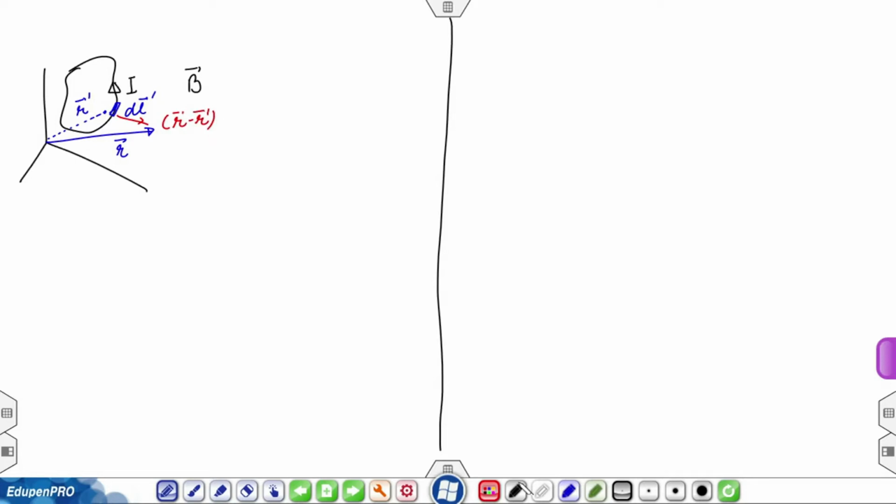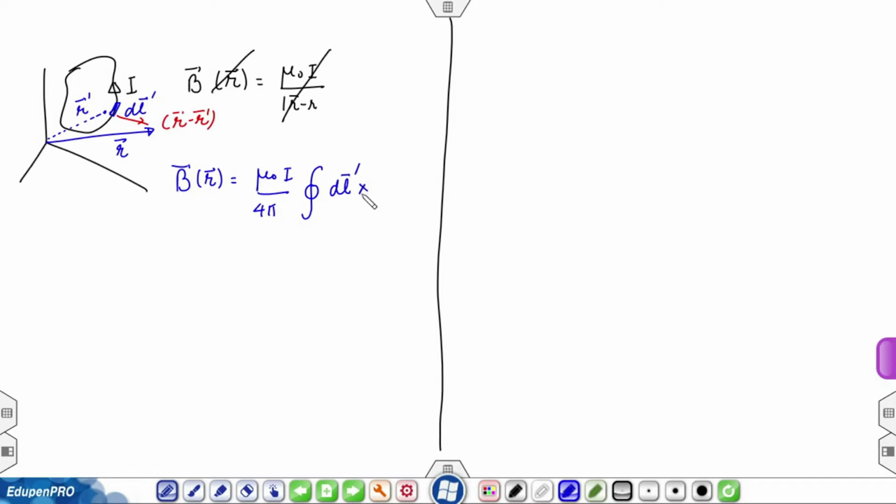Then, B at r equals mu naught I over 4 pi, and then I integrate over this loop, which is a line integral, this cross product dl prime cross r minus r prime over r minus r prime cubed.